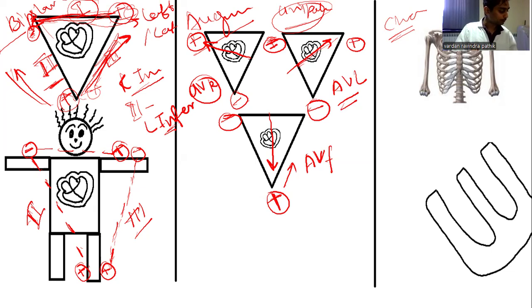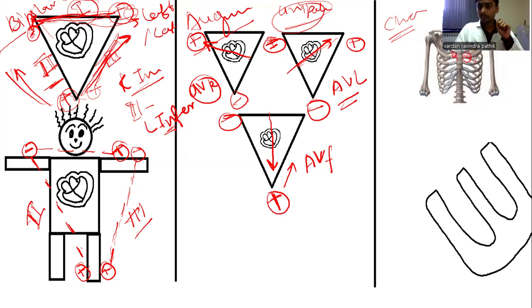So first we are going to put our leads at the fourth intercostal space. Right side V1 and left side V2. Right, V1 and V2, right side and left side, fourth intercostal space.